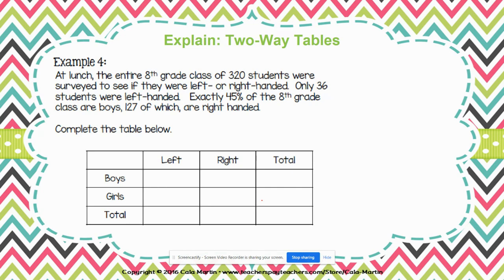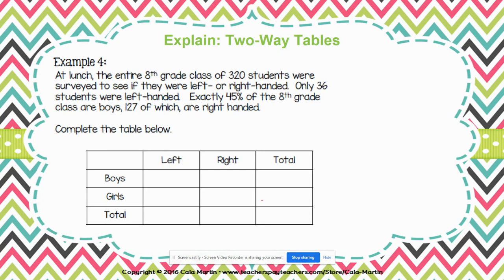All right, so for example 4, if you look at this two-way table, nothing is filled out. Well, that means we're going to have to fill it out. So it says at lunch, the entire 8th grade class of 320 students were surveyed to see if they were left or right-handed.